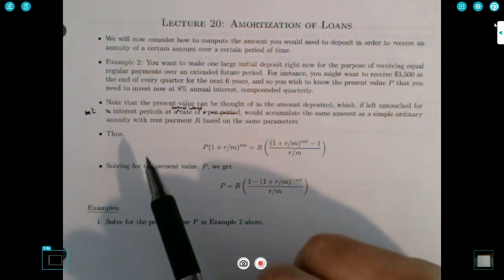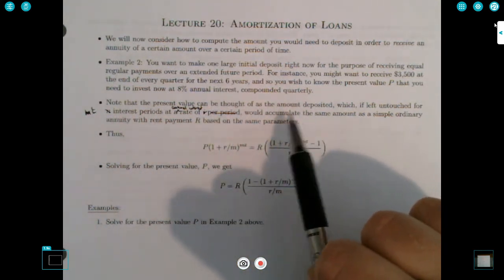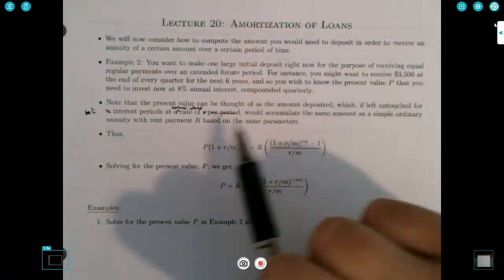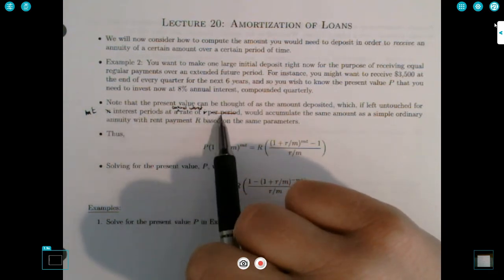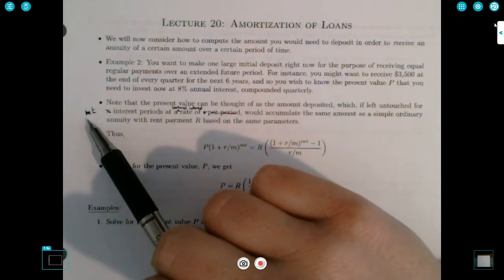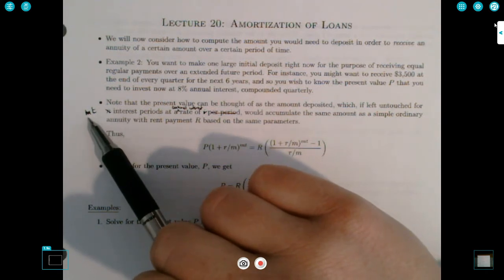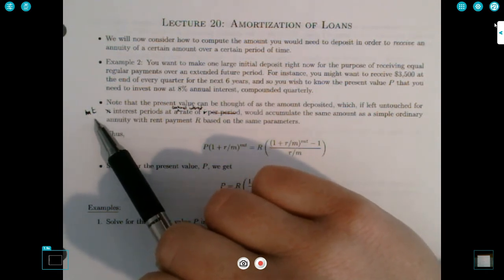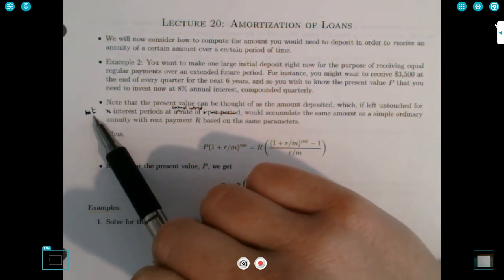So note that the present value can be thought of as the amount deposited, which, if left untouched for MT interest periods, I had some typos here, but in your notes I've already corrected it. M is the number of times the interest is compounded per year, and T is the number of years, so M times T is the total number of interest periods.